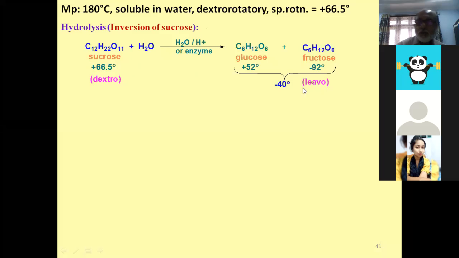Now, which is termed as invert sugar? There is one term used called invert sugar. What will you call invert sugar: sucrose, glucose, or fructose? Which one can be termed as invert sugar?